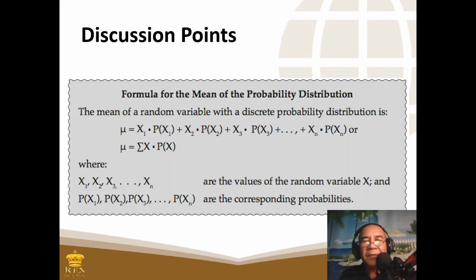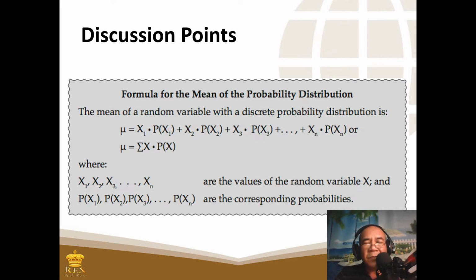Now the formula for the mean of the probability distribution. The mean of a random variable with a discrete probability distribution is mu equals x1 times the probability of x1, plus x2 times the probability of x2, and so forth.